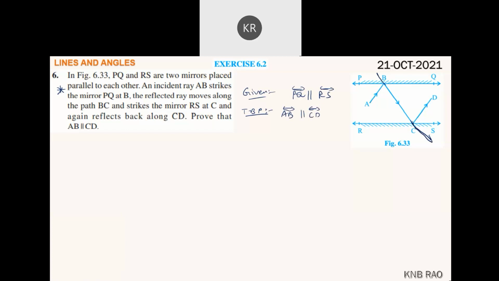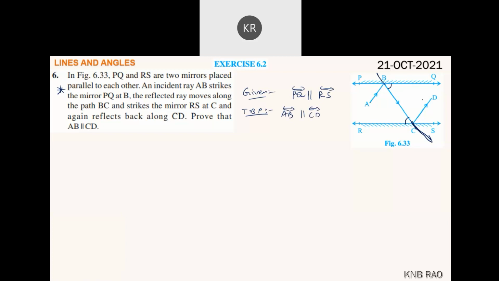Alternate interior angles are equal. Angle ABC is equal to angle BCD.